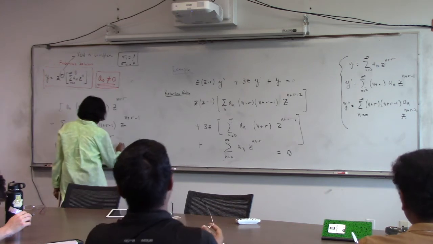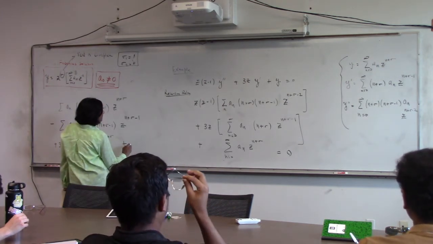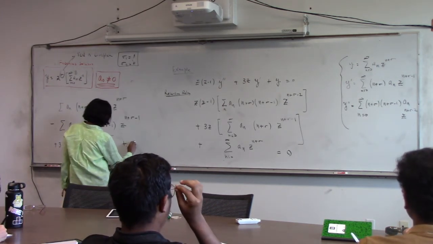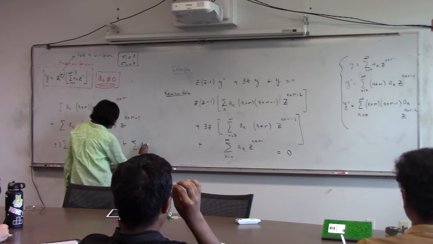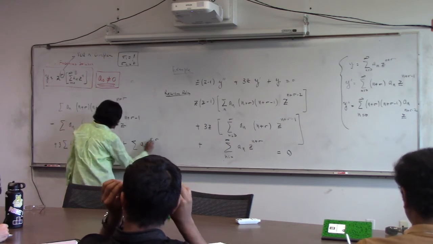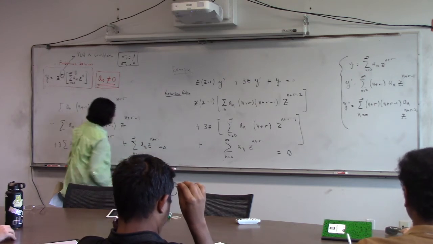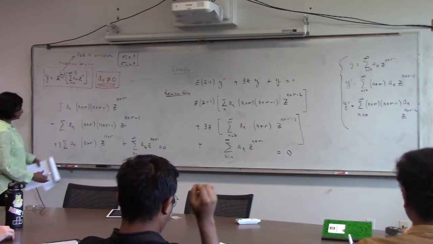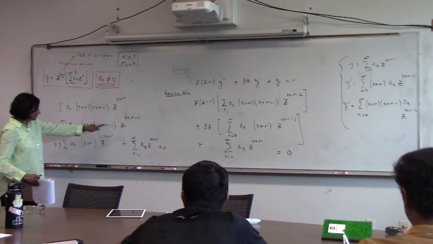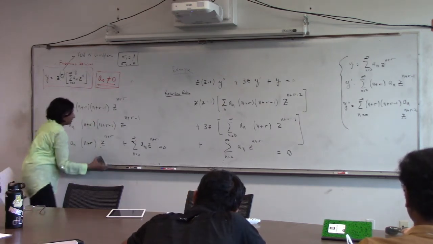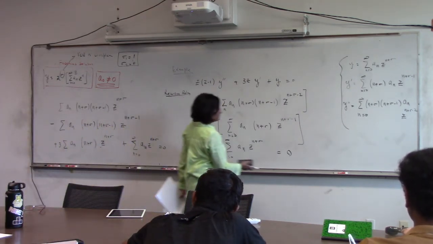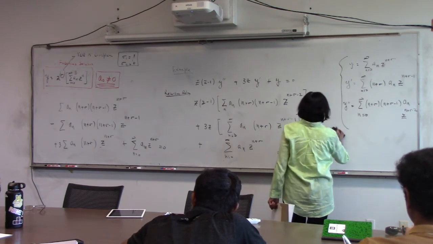Then I have one more term which is a_n z to the power of n plus sigma, n going from 0 to infinity, is equal to 0. So at least we have two different powers here, so we can sort of take care of this. Leave that.